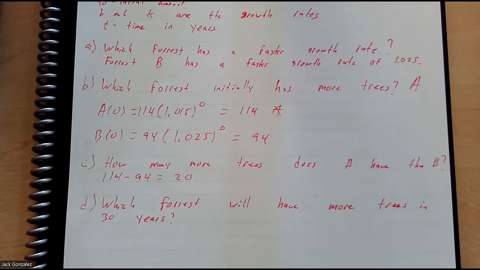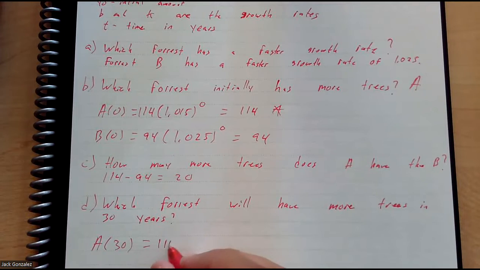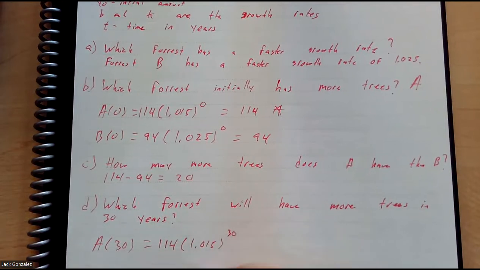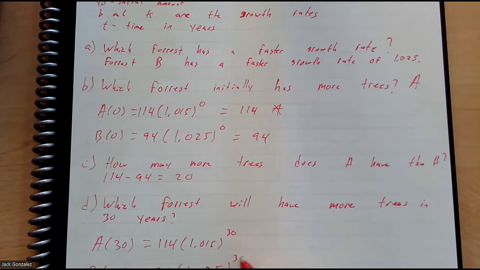Just plug in 30 into your function and you'll be good. So A of 30 is going to be 114 times 1.015 to the 30. B of 30 will be 94 times 1.025 to the 30.